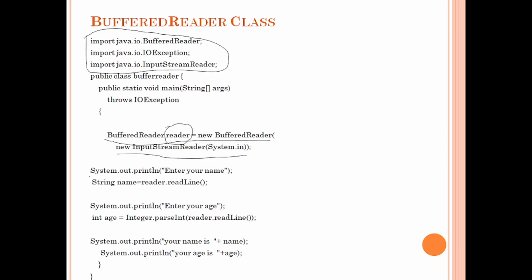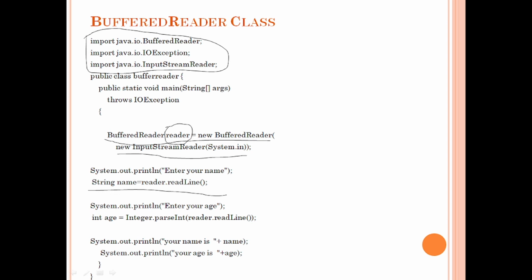So first, if I want to enter the name of the user, System.out.println, enter the name, and store this value in the string variable. So String name equals reader.readLine. readLine is the method to take input as a string, and reader is the object of this BufferedReader class. Next, for the age, that will be an integer.